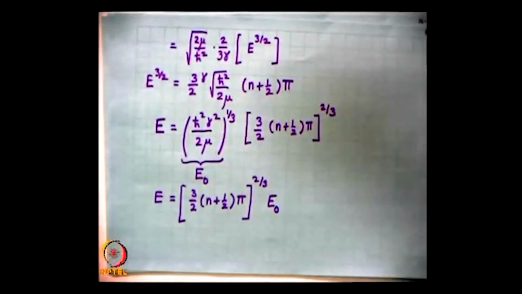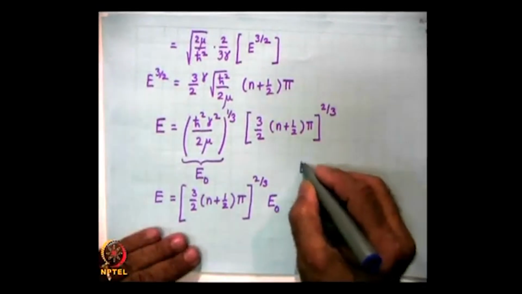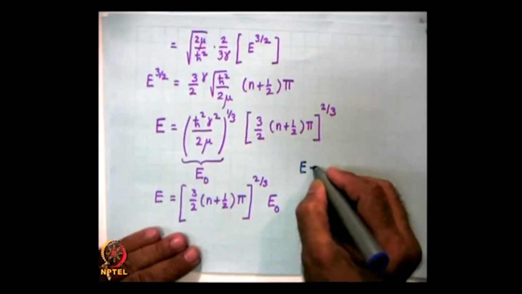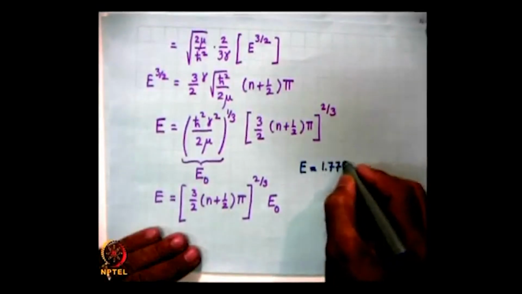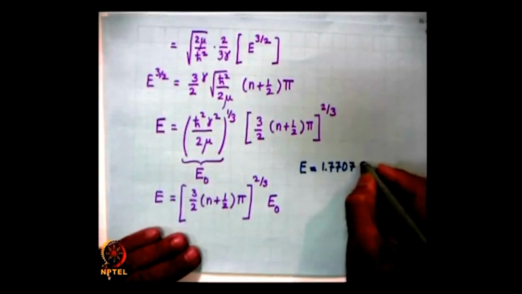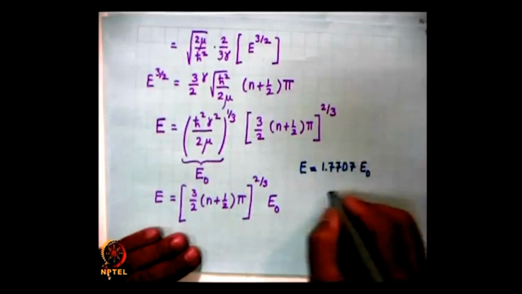So this is an analytical expression, and if you substitute the values of n equal to 0, you will find that the allowed energy levels come out to be 1.7707 E0. This is for n is equal to 0.